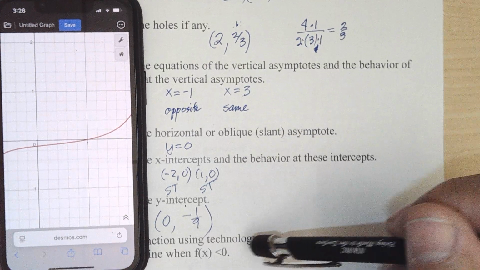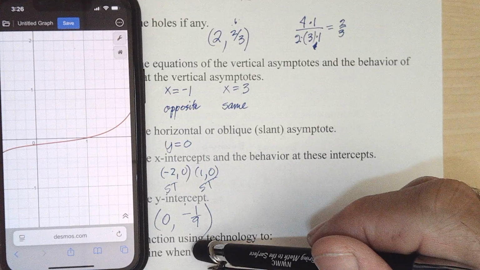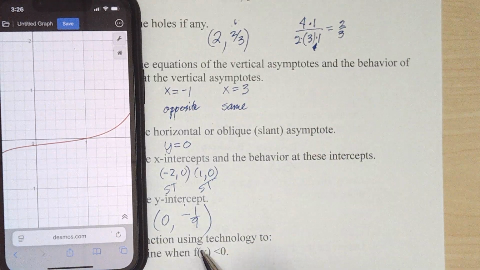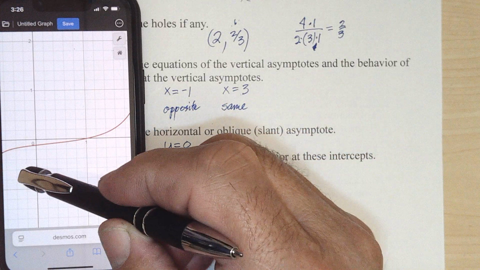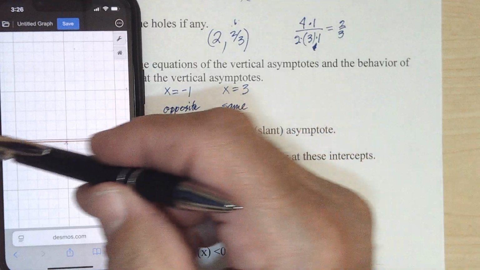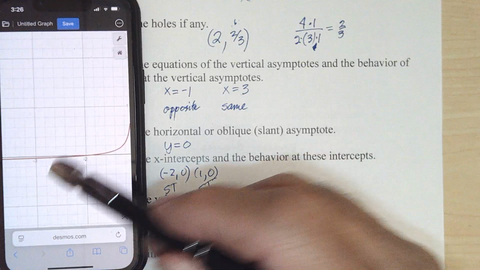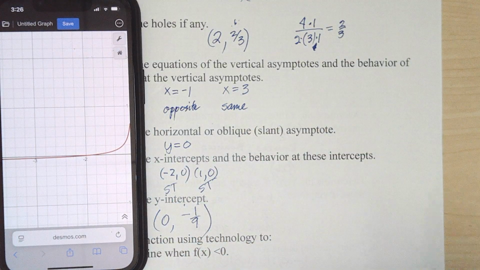Now, the question said, for what x's is y less than 0, the height less than 0. Okay, so over here, it's less than 0, clear up until it gets to minus 2.